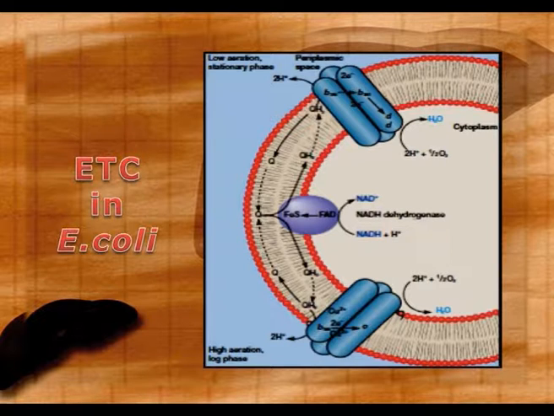When the oxygen level is high, they follow the BO branch, and more protons move into the periplasmic space from the cytosol, and more ATP is generated and cells grow very rapidly. But when the oxygen level is low, they follow the BD pathway, and fewer protons move from the cytosol to the periplasmic space and their growth becomes slow.